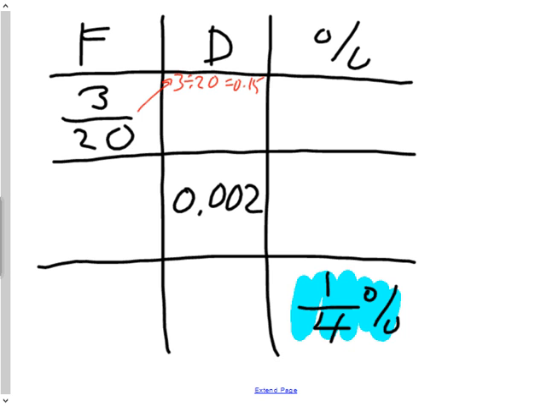But sometimes when we don't have a calculator, that option is not given to us. So what we have to be comfortable with is realizing that 3 over 20 can be changed into an equivalent fraction, and as long as that denominator is 10 or 100 or 1,000, we're able to read it and use our knowledge of place value to write it. So here I could multiply by 5 and multiply by 5 to give me 15 hundredths.